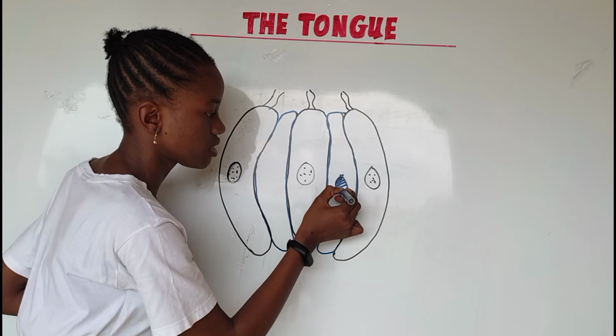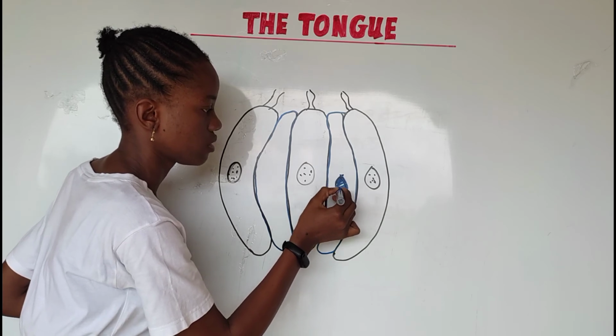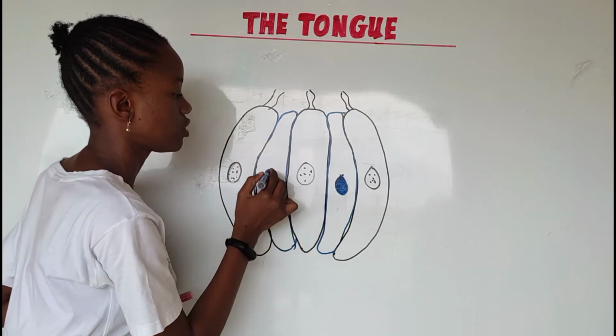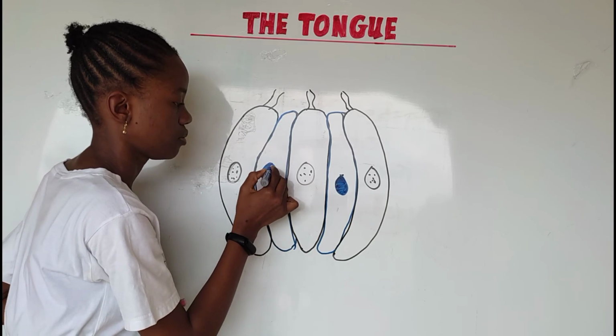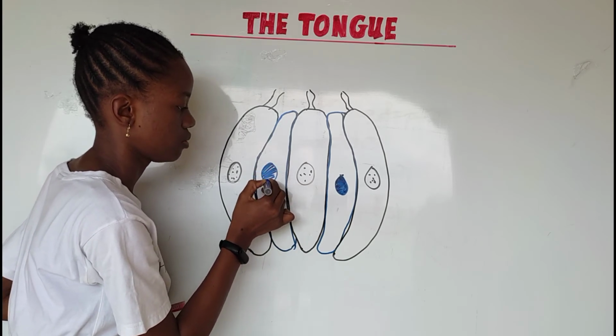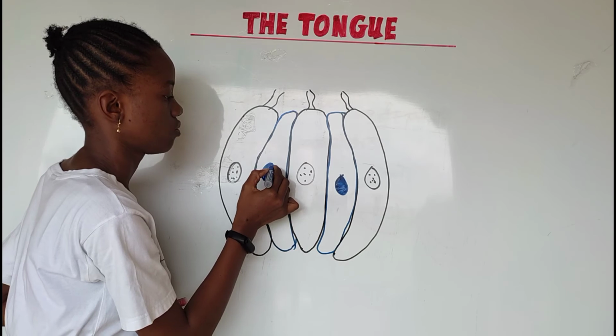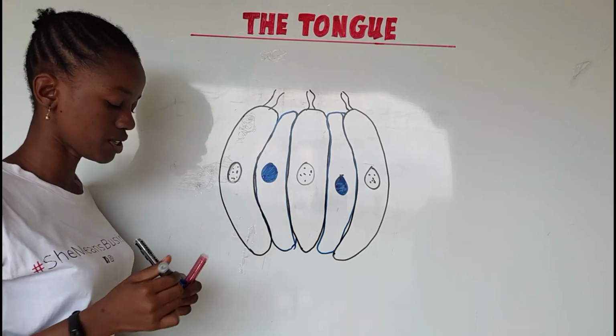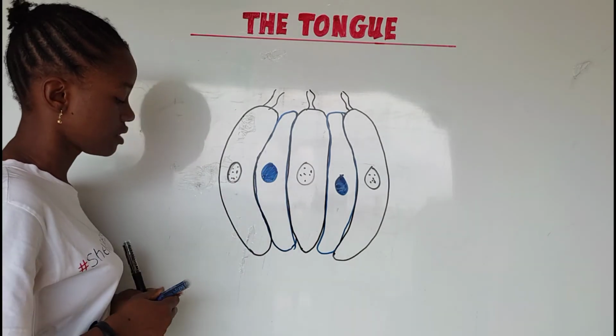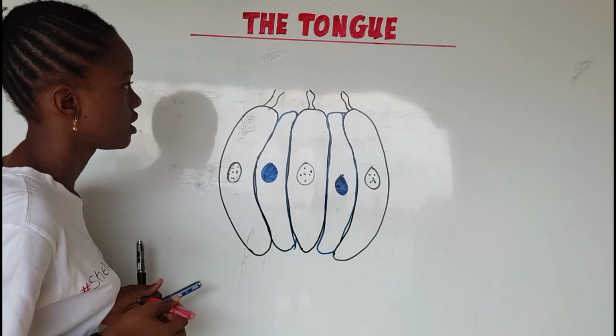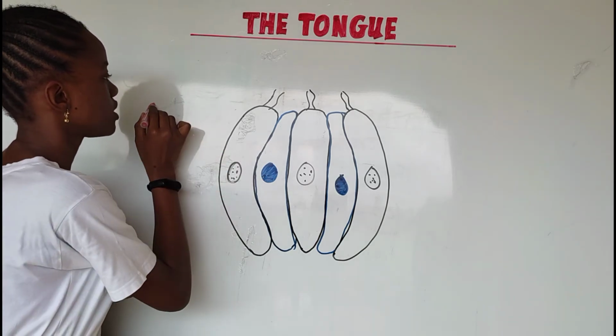So we have the supporting cells in between them. And we are going to draw the outer part next.